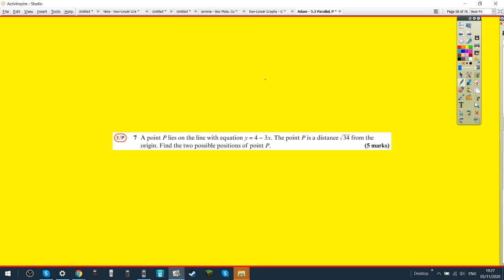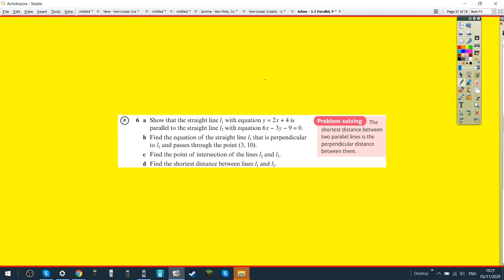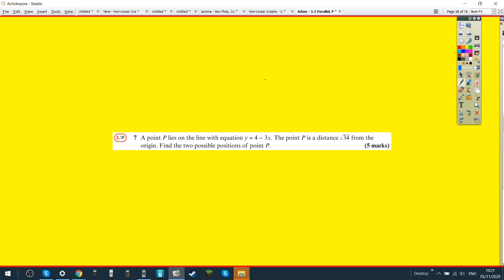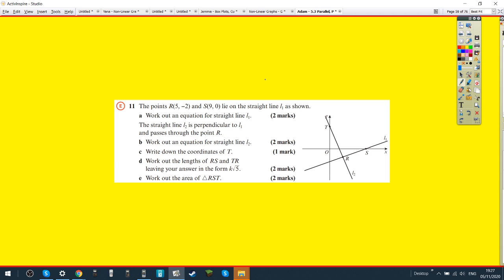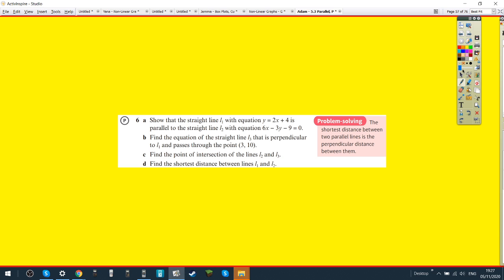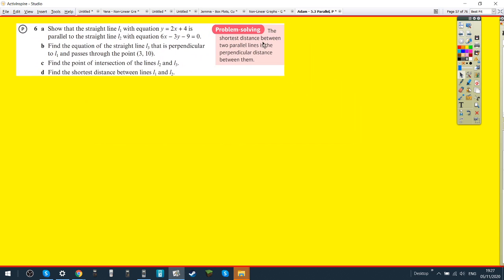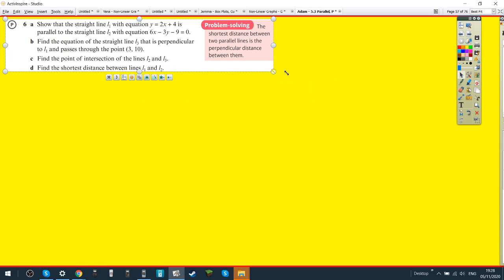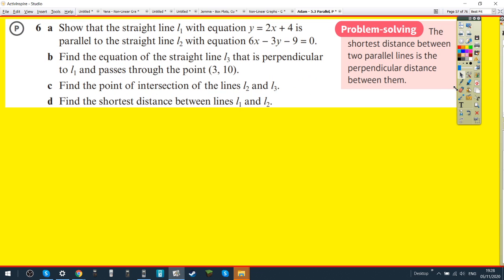Okay. The point P. Is that maybe? Let's see. I just want to see this one for a second. Passes through the point 3, 10. There's a lot of stuff going on there.